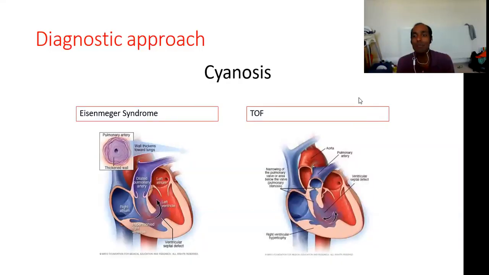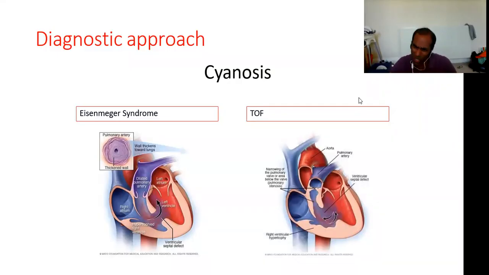So, in Eisenmenger syndrome, you have cyanosis with elevated JVP, palpable second heart sound, and a parasternal heave due to right ventricular hypertrophy. If you keep the stethoscope, you will hear the loud second heart sound. So if you find a patient with cyanosis, elevated JVP, and a palpable second heart sound with parasternal heave, if you like, you can auscultate, but basically you have already diagnosed Eisenmenger syndrome in that patient.